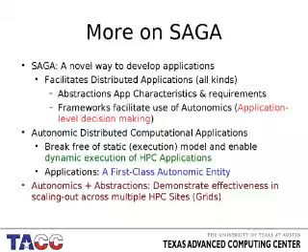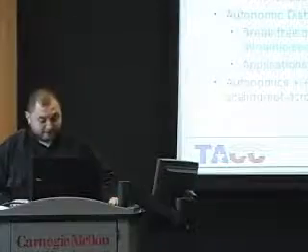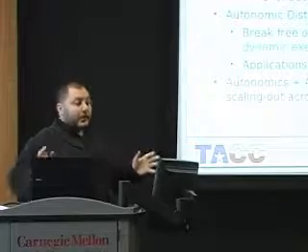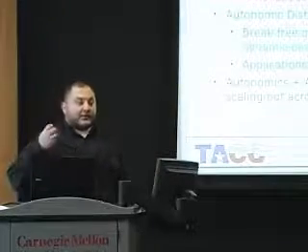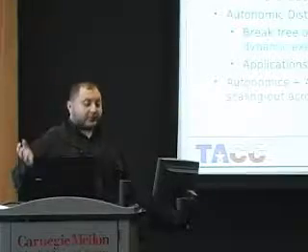A little bit more on Saga because I hazard a guess that's what a lot of people are interested in. Saga, the simple API for grid applications. It is a new way to develop applications in the sense that it allows programmers, software engineers, people like me, to add grid tools and make their applications grid-enabled and add some autonomic behavior to their applications without having to deal with Globus, really complex APIs, and, sorry to say this, Java.